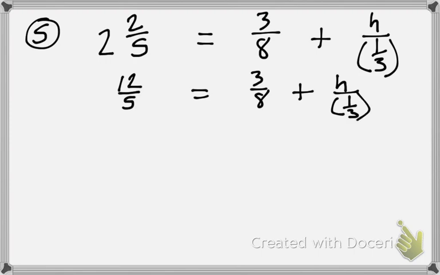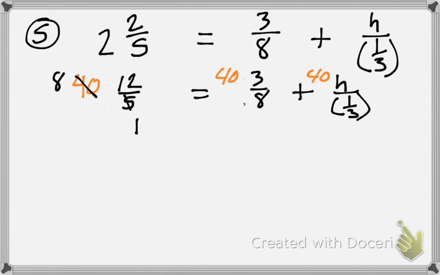First thing I'm going to do is get rid of the denominators here. So how am I going to do that? Well, I'm going to look for the least common multiple, which is 40, because 5 and 8 both go into 40. So I'm going to multiply everything by 40 to get rid of those denominators, because 5 goes into 5 once, and 5 goes into 40 8 times.